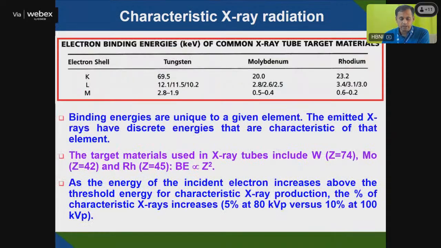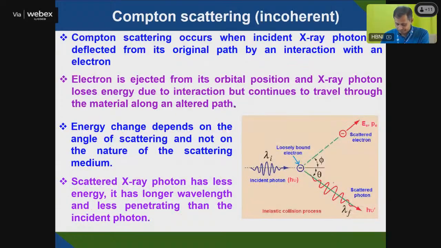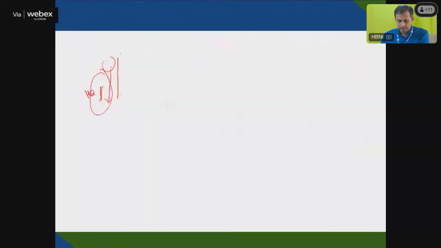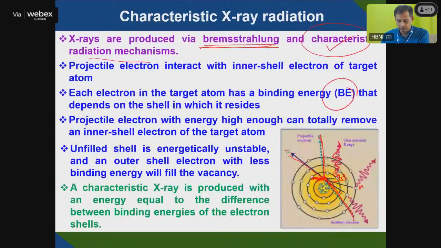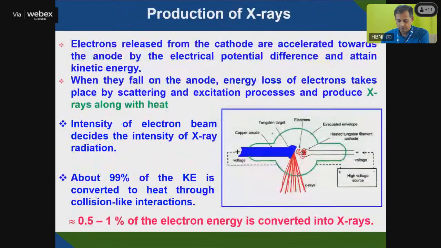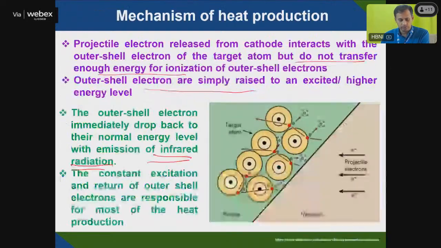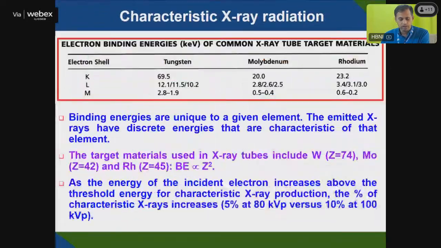And then, if you see the characteristic X-ray, the energy of the K shell for tungsten is 69.5 keV, whereas the M shell is very, very low.